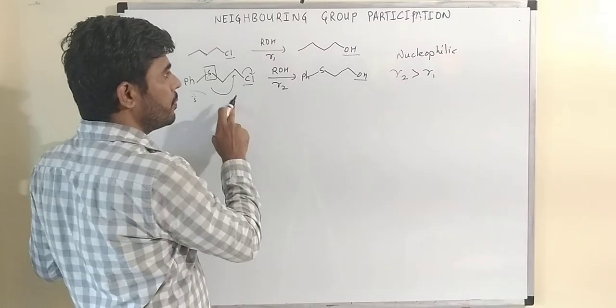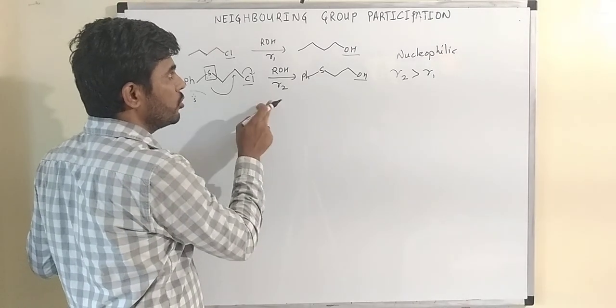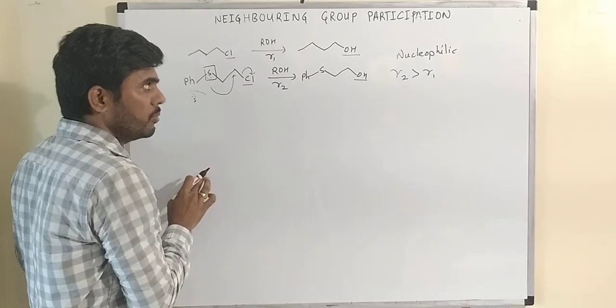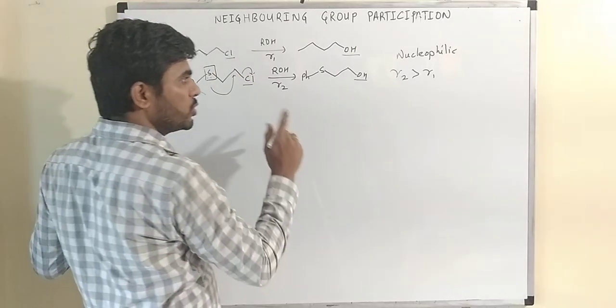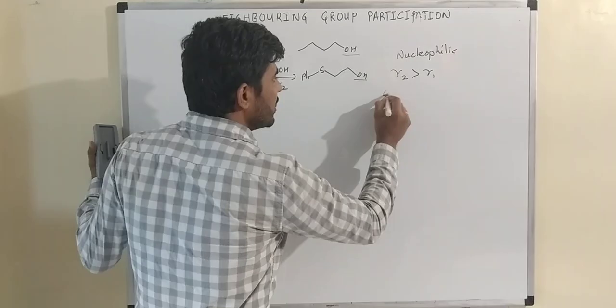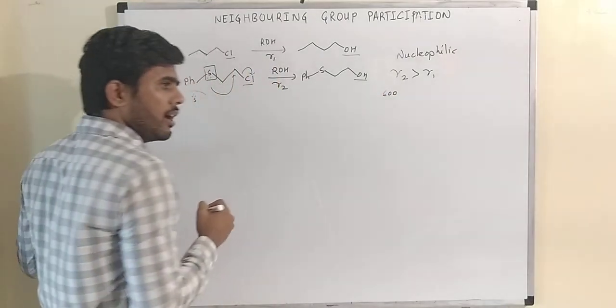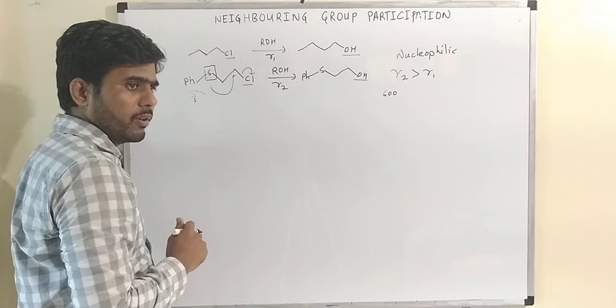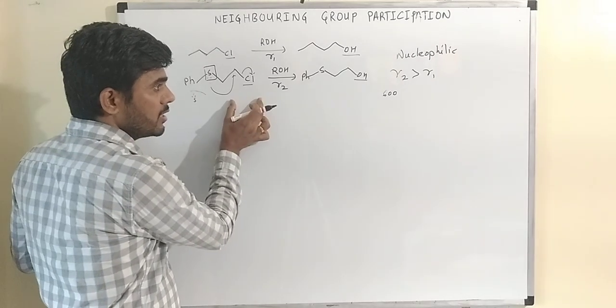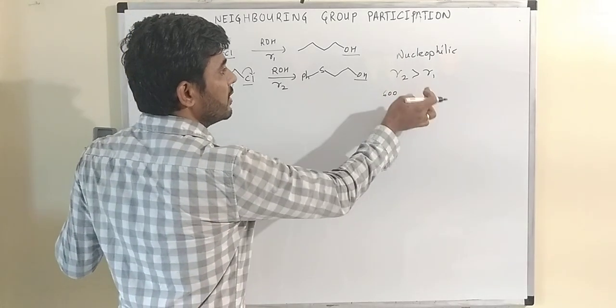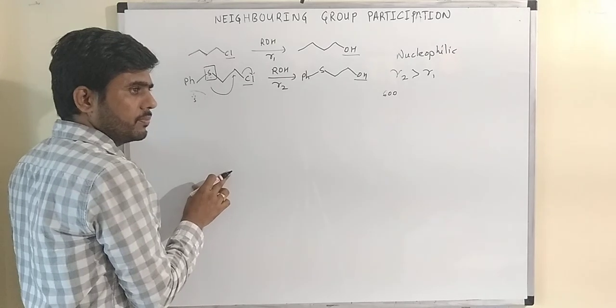Due to this, the rate of the second reaction increases as compared to the first one, and the actual rate increases 600 times as compared to R1.